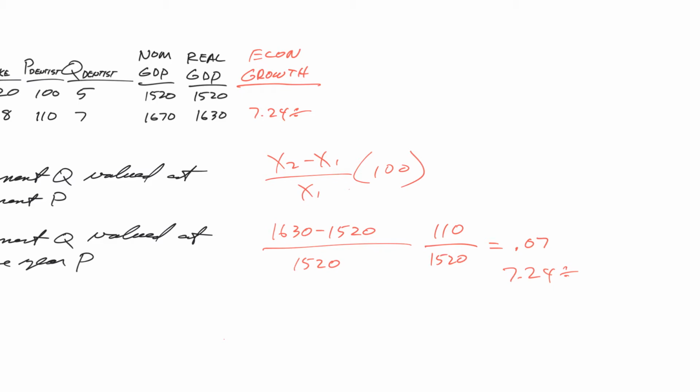During year 2, we had economic growth of 7.24%, which in real life would be an economy on fire. That's a huge growth rate. We'll talk more about what's typical later on, but usually 3% is considered very strong growth. Potential GDP, we call it. Long-term sustainable economic growth is right around 3%. So this would be one heck of a boom.